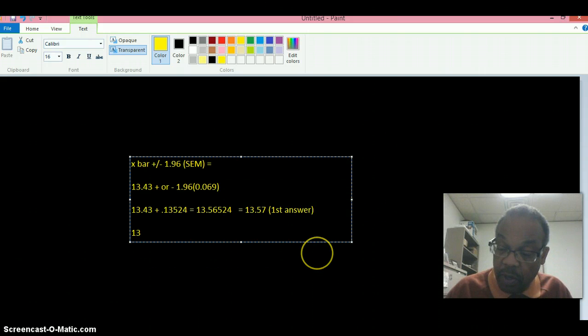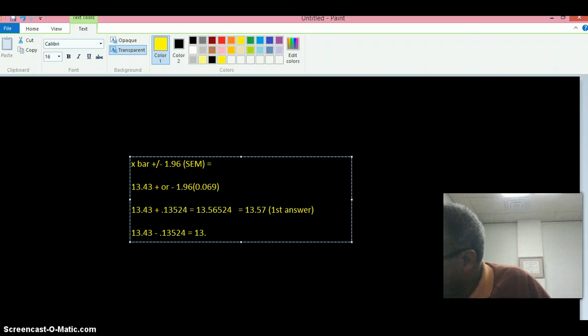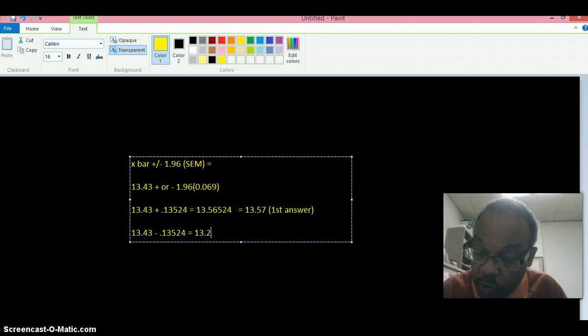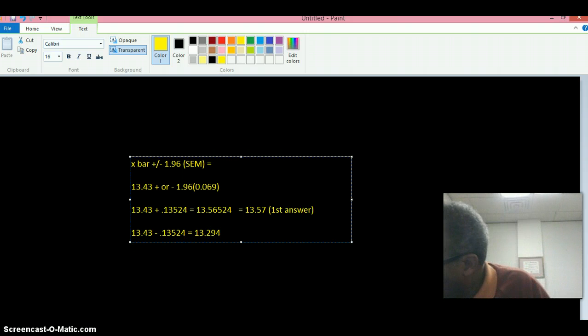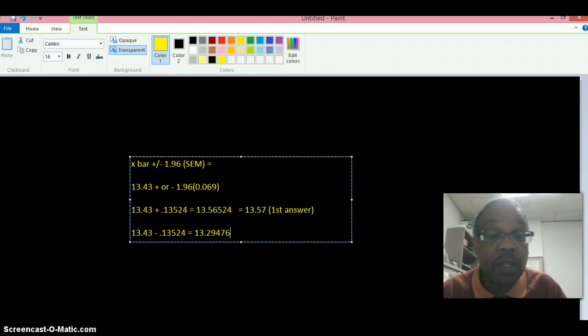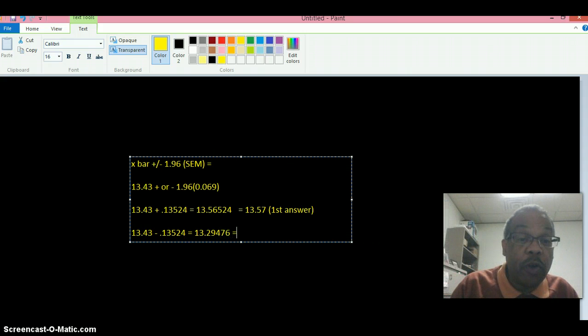And so the second part, 13.43 minus 0.13524, and that would leave us with 13.29429476, which we will round off to 13.30. So this is our second.